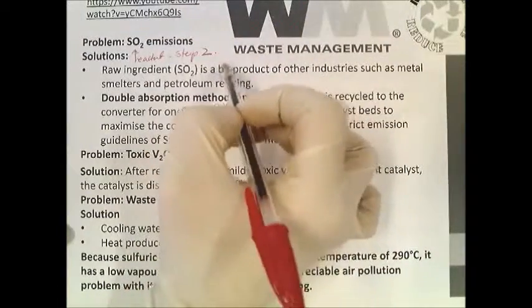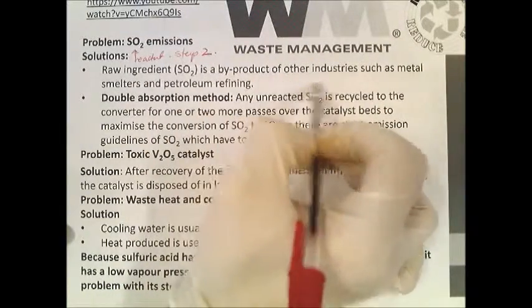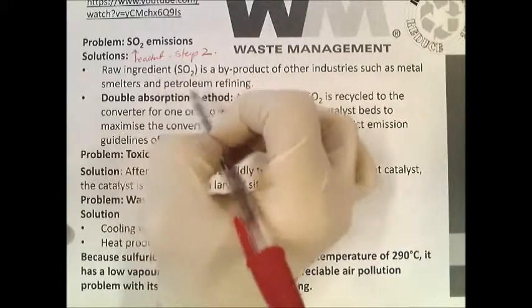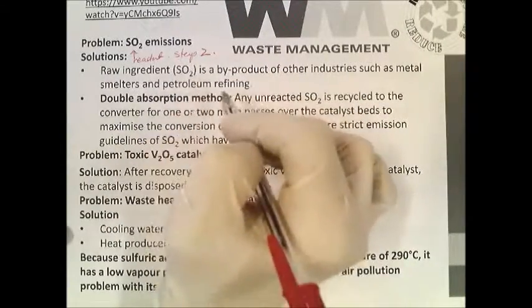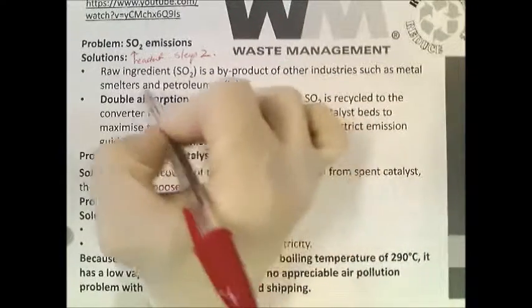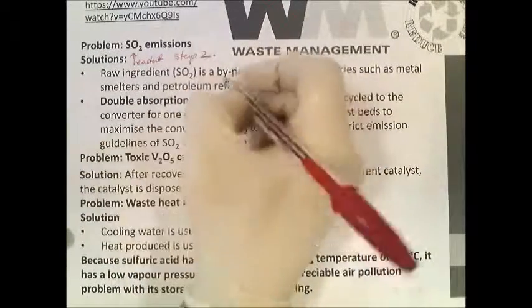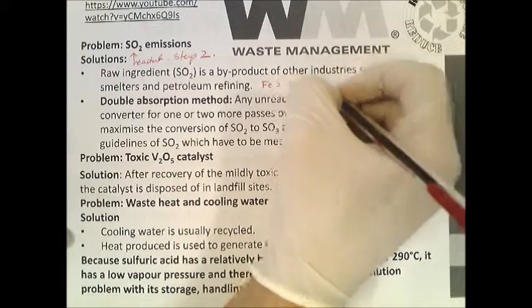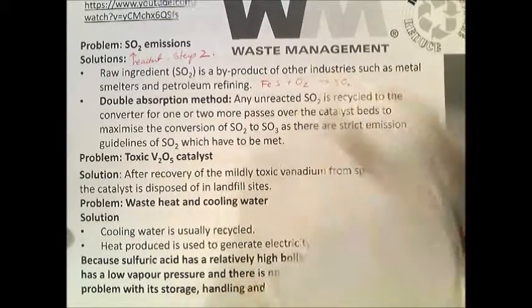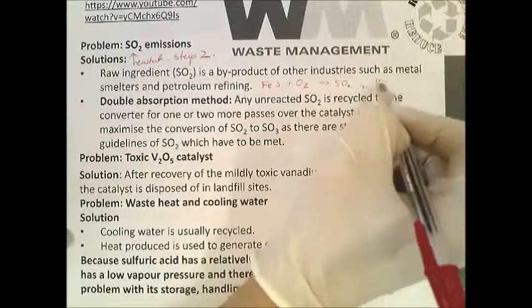So it's really good because we can use byproducts from other industries, such as we said petroleum refineries, where you have carbon that has some sulfate embedded in it, and metal smelters, where iron sulfide plus oxygen produces SO2, and iron by itself.